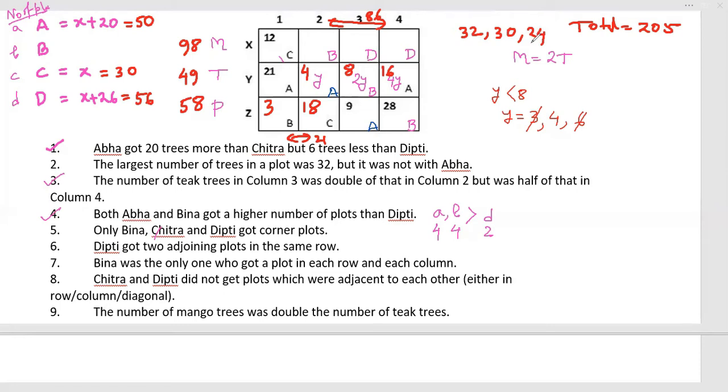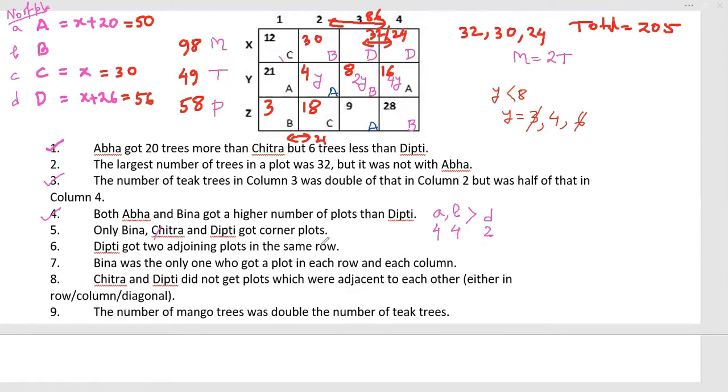I will not be able to do anything other, because any multiple, one is 32 and the other, to make it 54, a multiple of 3 and 4 data distribution and less than 32 is not possible. So 32, 30 and 24, these would be the 3 data, and already I know that D is 56. So it should be 32 and 24. So in this case, 2 data: one is 32, another is 24. So these would be 30.